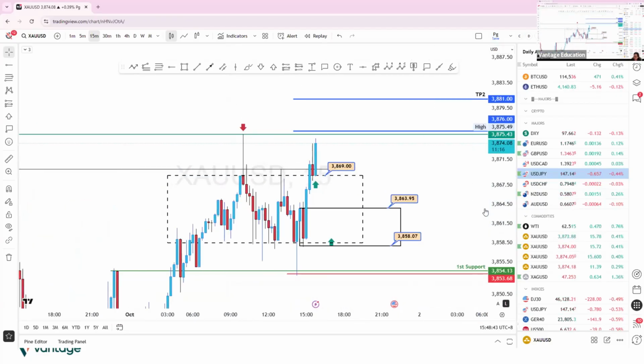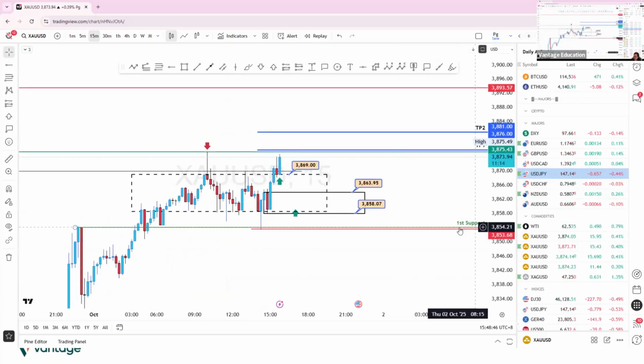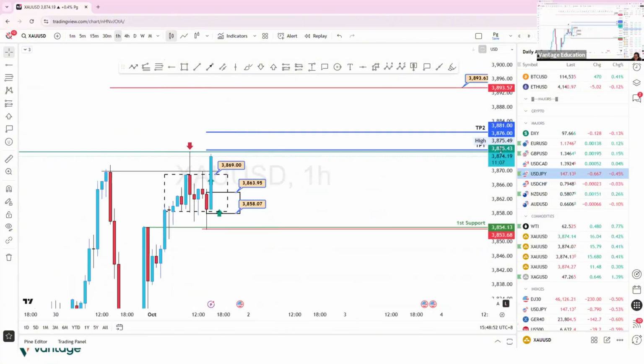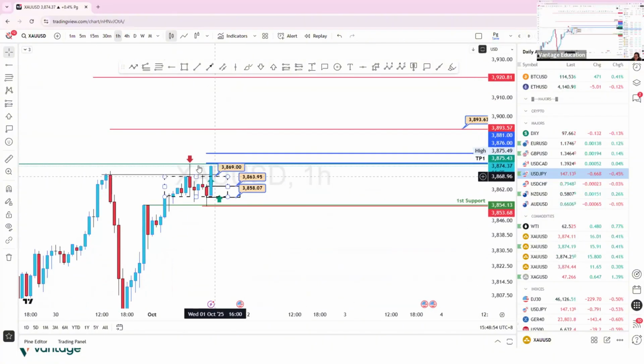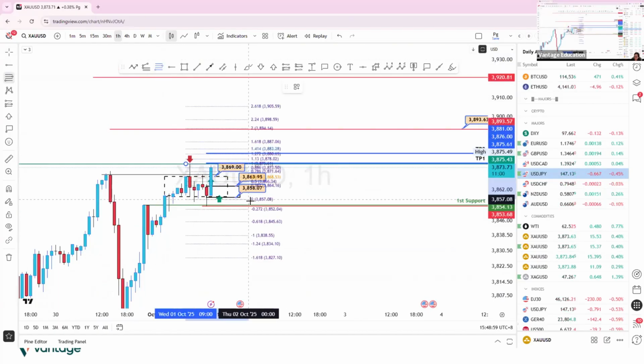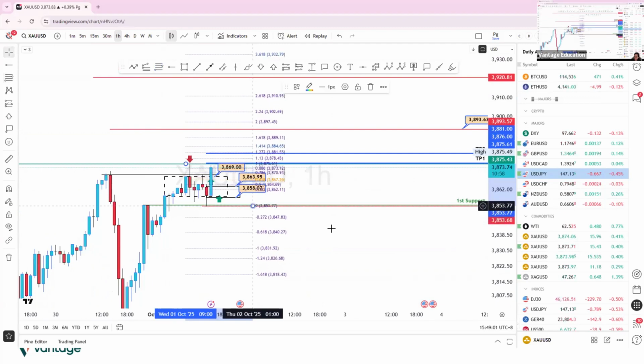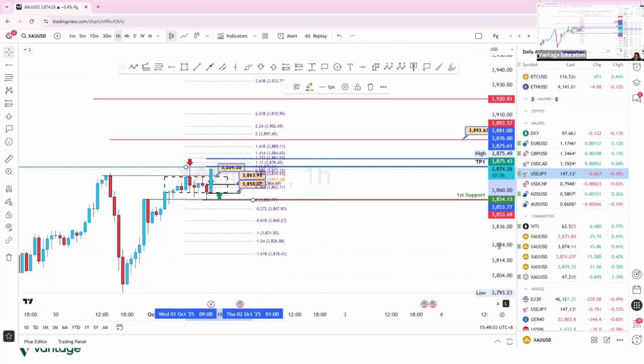This is M15. I would say the target that we're gonna use is the extension based on this swing high, right? It's gonna be the extension.